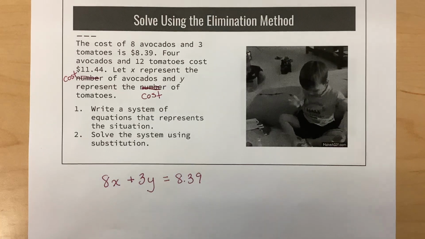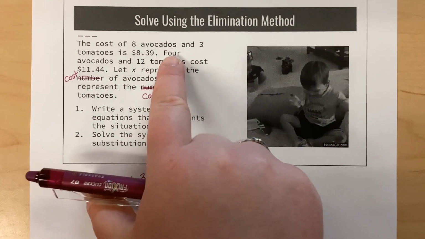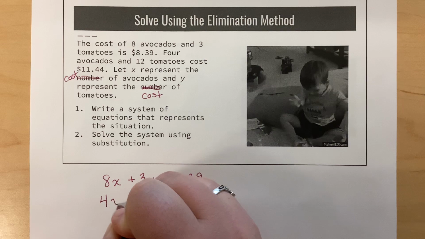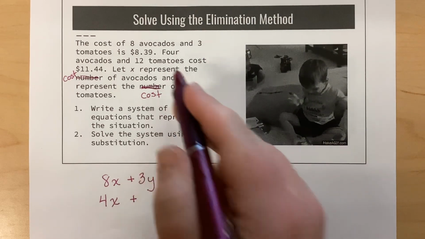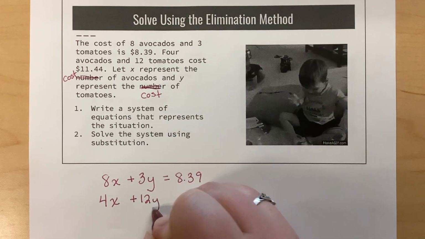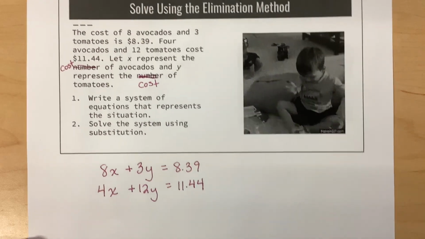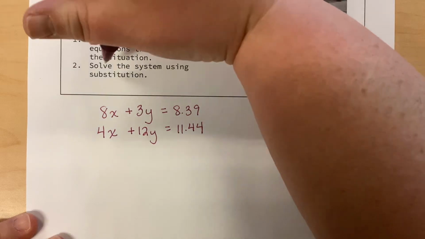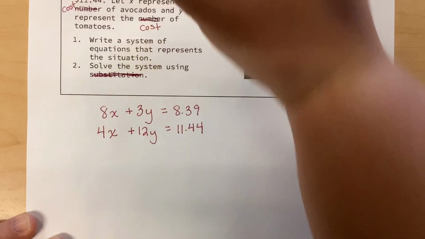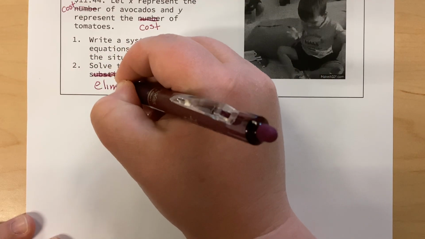Okay. Now the second group bought 4 avocados, so that's 4X, and they bought 12 tomatoes, so plus 12Y, and they spent $11.44. So that's the system that represents this situation. Now once again, we're not solving by substitution, we're doing elimination.